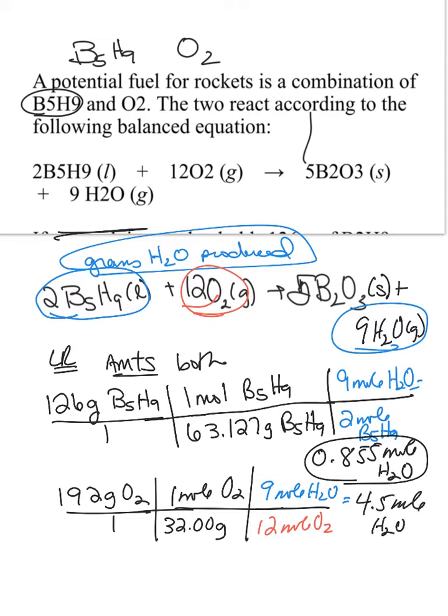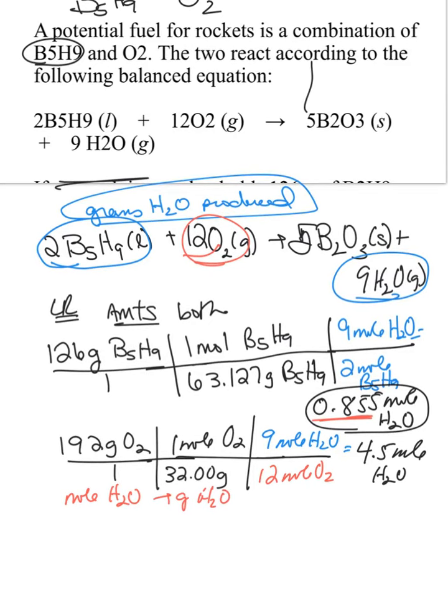So obviously, when we compare these, we see that 0.855 is less than 4.5. So then we need to convert moles of water into grams of water. So in order to do that, we just take our limiting reagent amount, 0.855 mole of water, and using the molar mass of water, which is 18 point, oh, I'm sorry.